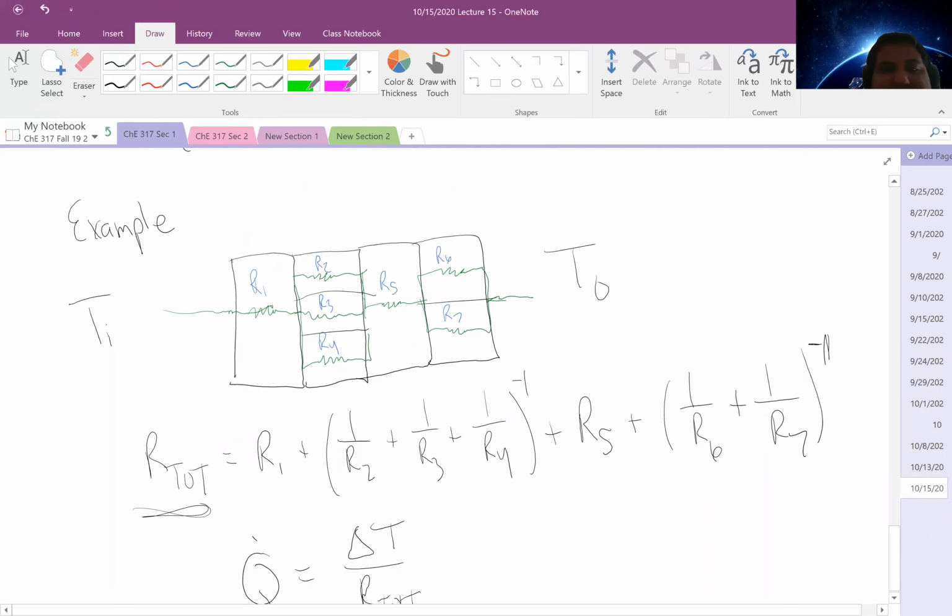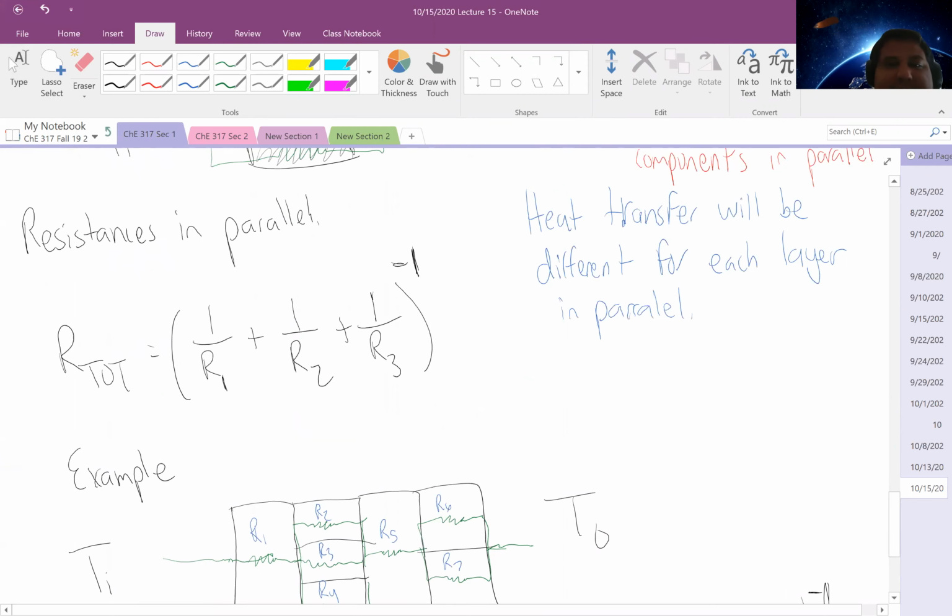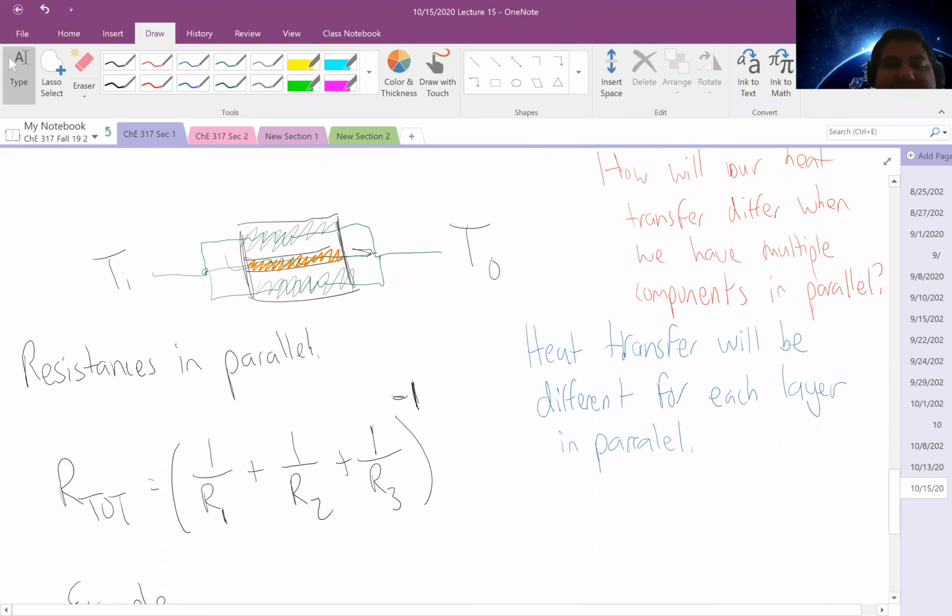Now, as Alyssa mentioned, through each layer that's in series, the heat transfer rate will be the same. However, when you have layers in parallel, the heat transfer rates will not be the same, right? Just as I had shown earlier, I could have a highly conductive layer between two insulating layers, and so the majority of that heat transfer will occur through that material with a high thermal conductivity.